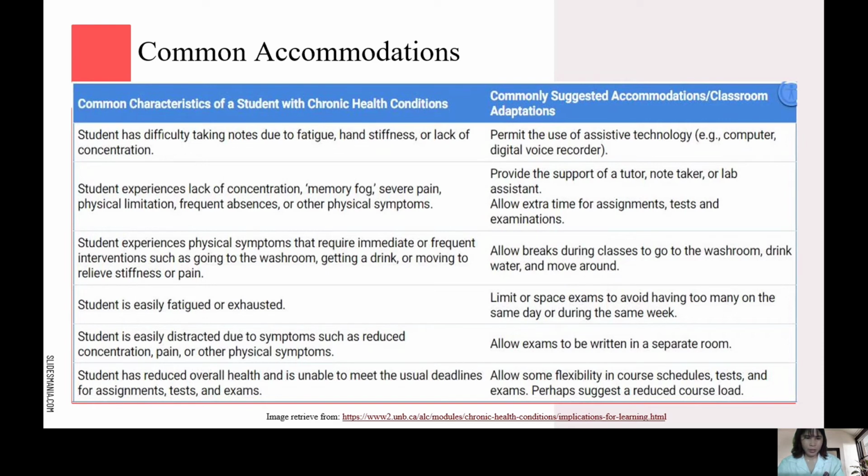Here are the examples in the table that I retrieved from the link below, and you will see the common characteristics of a student with a chronic health condition.